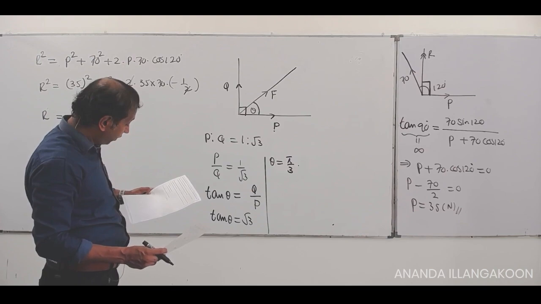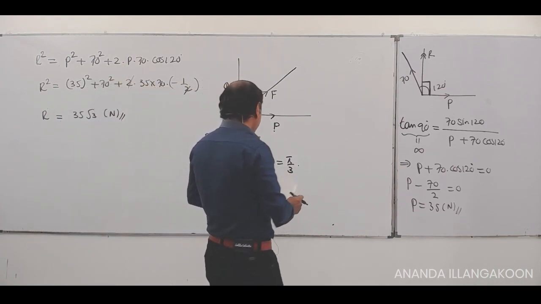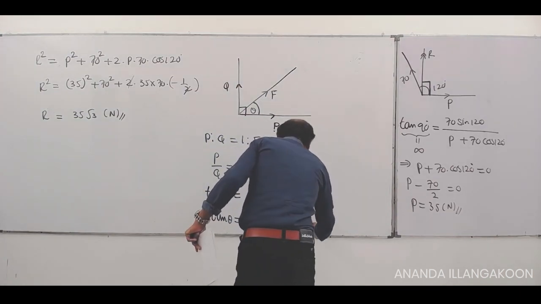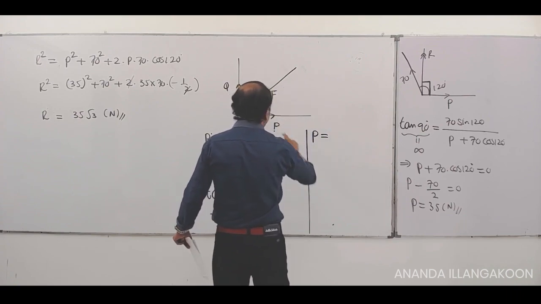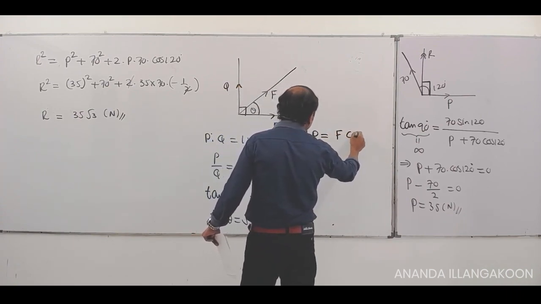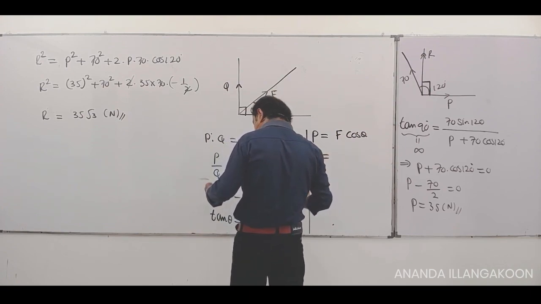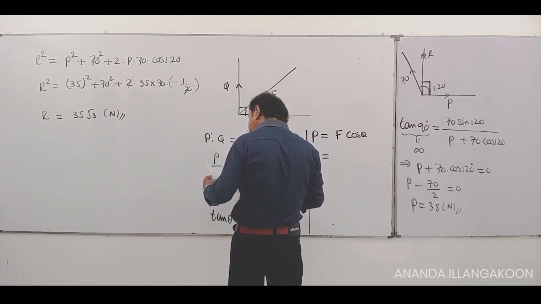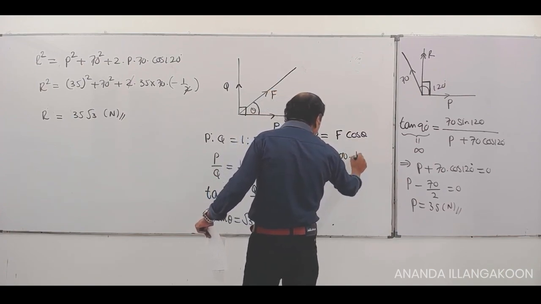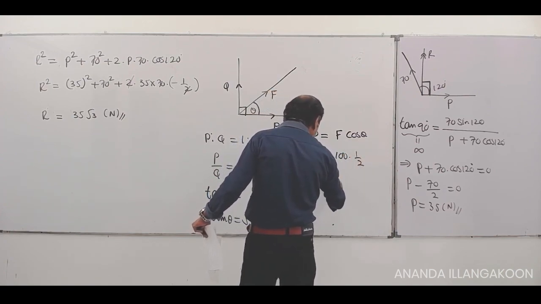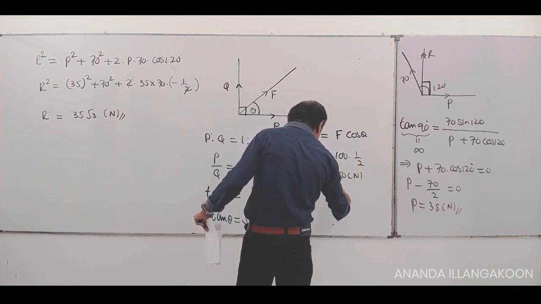If F is 100 newtons, find P and Q, right? F is 100 newtons. Right. What is P? F cos theta, theta is 60, no? F is given as 100, no? 100 cos 60, half. P is 50 newtons. All right, Q is F sin theta.